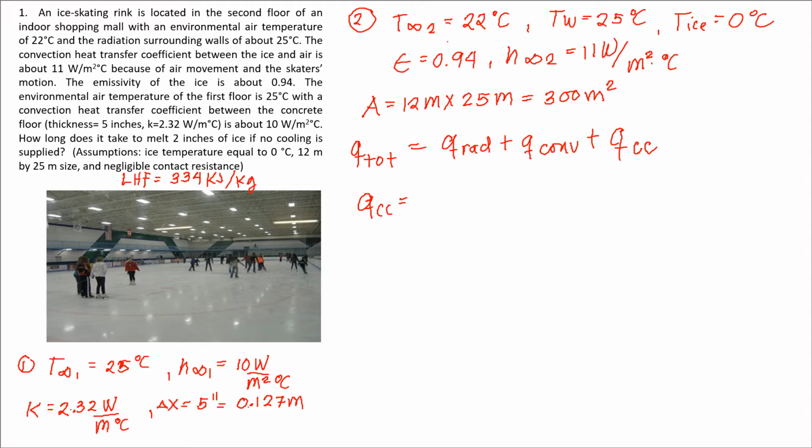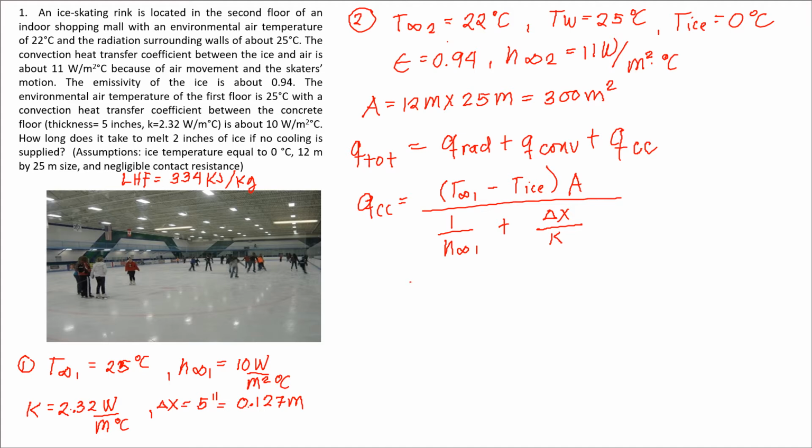So we have T alpha, the environmental temperature of the first floor, minus the temperature of the ice, multiplied by the area, all over 1 over H, the convection heat transfer coefficient, plus delta X, the thickness of the floor, over its thermal conductivity K. So we have a series of resistances in this equation.